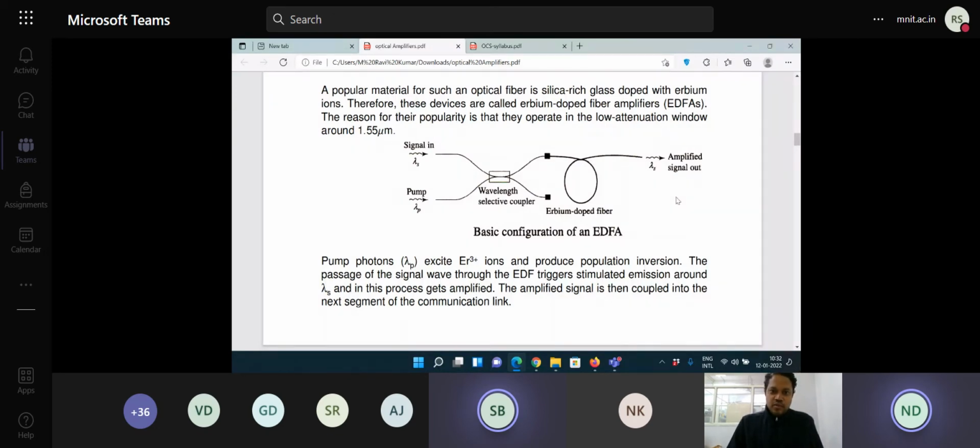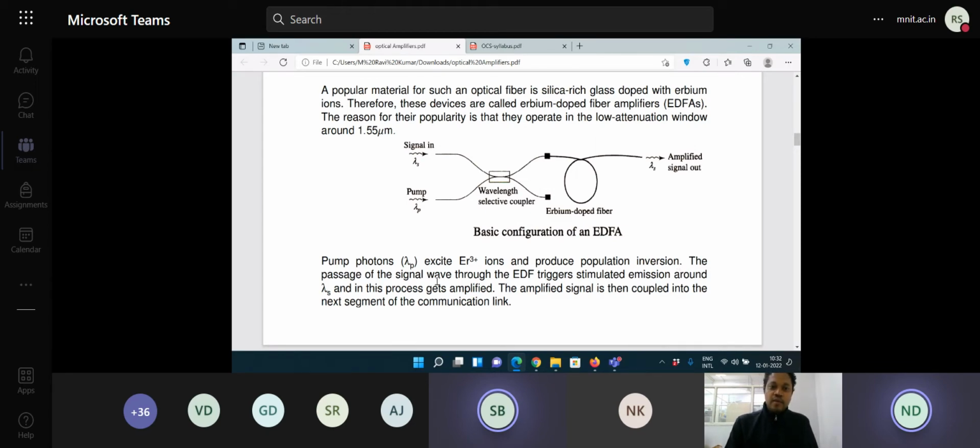What the erbium doped fiber does is it excites the erbium ions which are present in the EDFA. Those are excited by the pump photons, which are coming with an input of lambda p. These excited ions produce population inversion.